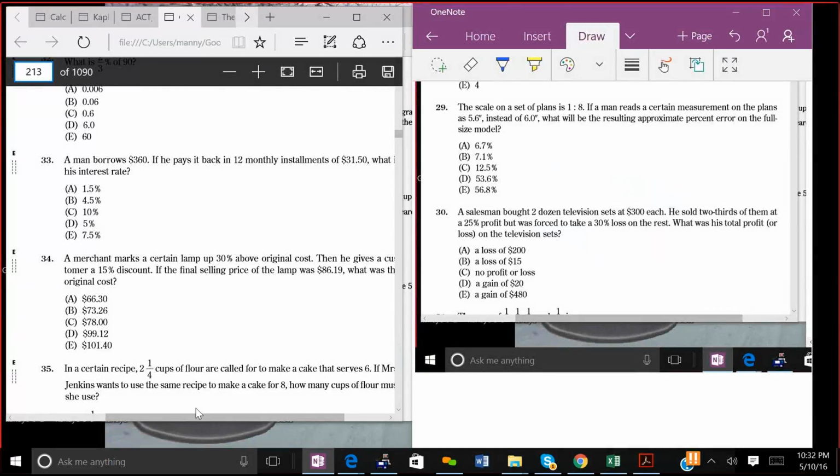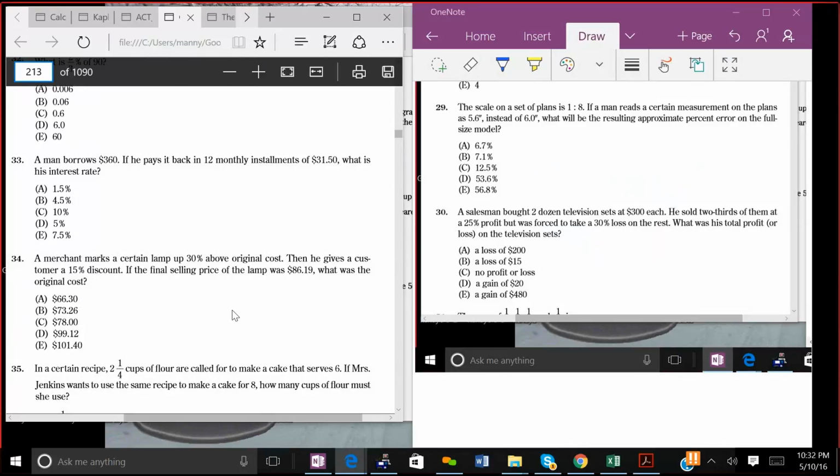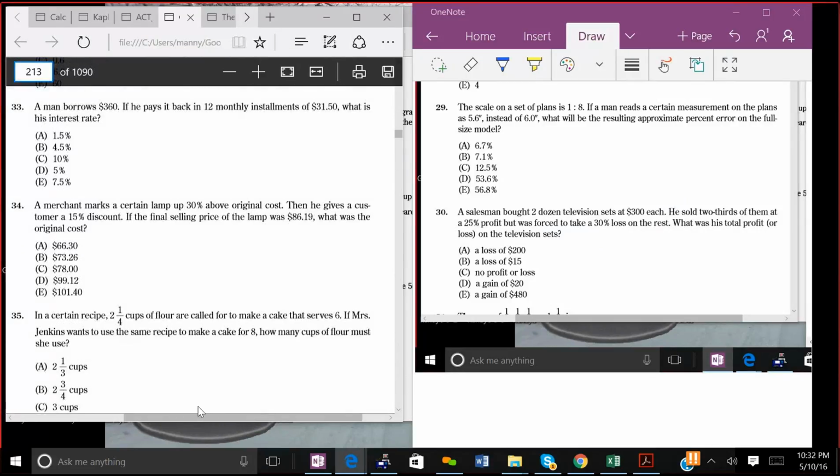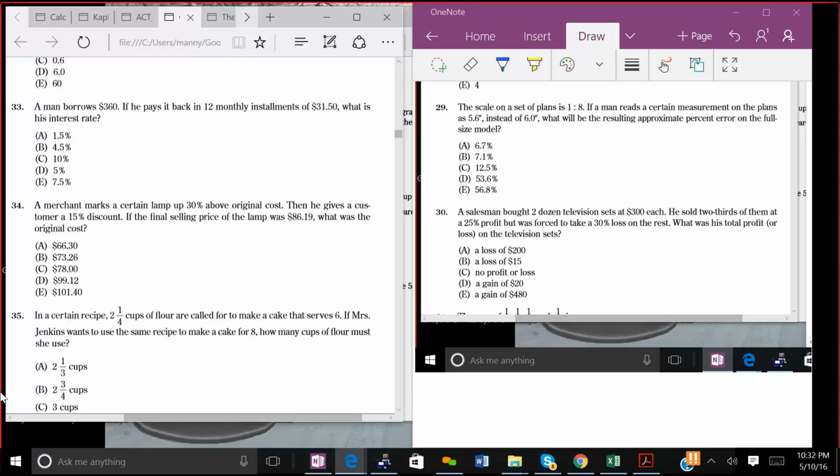Okay. Try this one. Next important one is number 33. A man borrows 360. He pays it back in 12 monthly installments of 31.50. What is his interest rate? So 31.50 times 12.